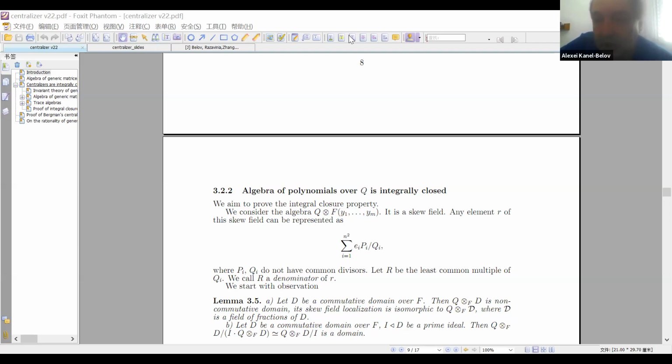You consider x to the p, take the commutator with d by dx to the p, divide the result by p and send it back to characteristic p. Lift x to the p to characteristic 0 somehow, lift d by dx to the p to characteristic 0, then commute, divide the result by p, and send back. This is a well-defined operation. The prime number plays the role of the Planck constant. So this is the ideology.